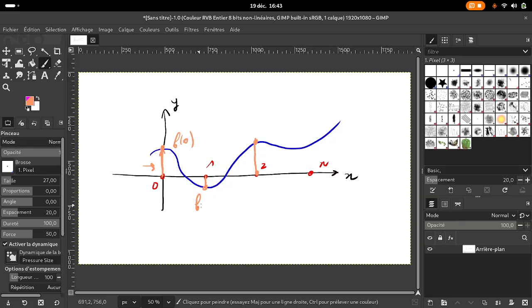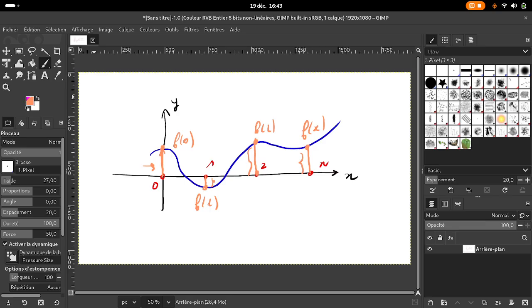So this is this height here, this particular height. And what is the value of f(x)? It is this height. So here we have f(x). Okay, so that was to illustrate.